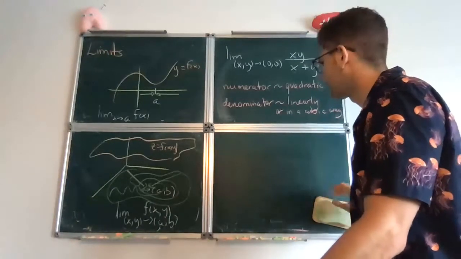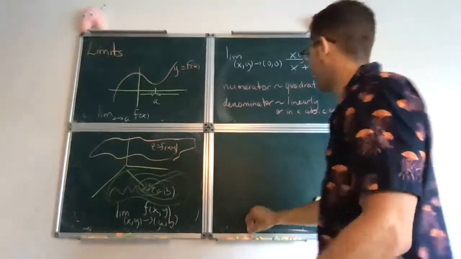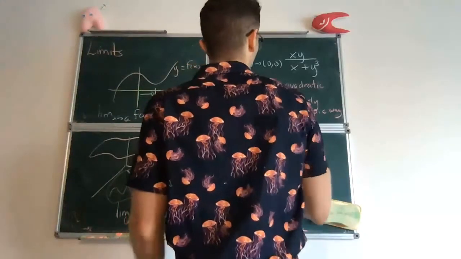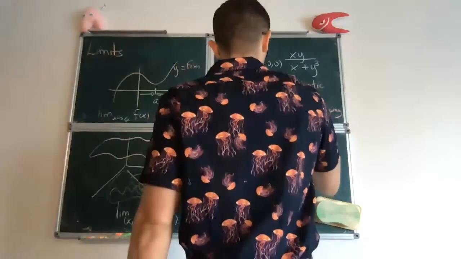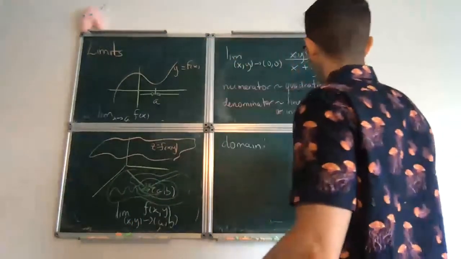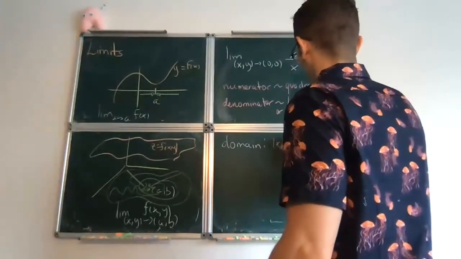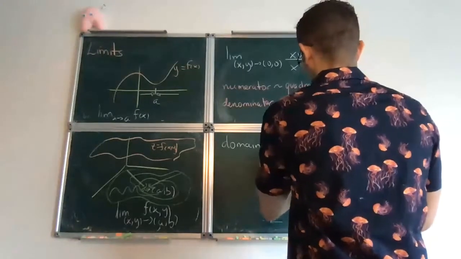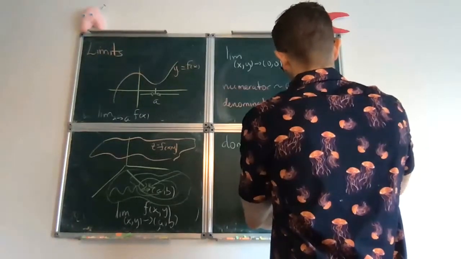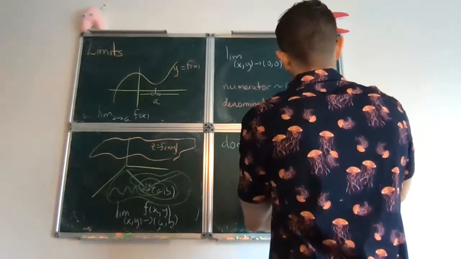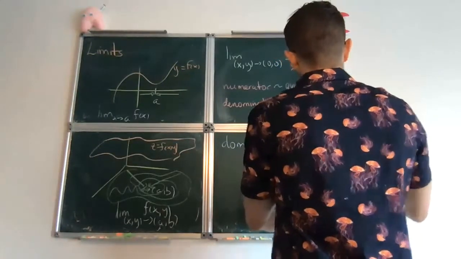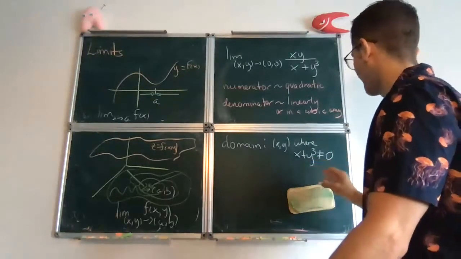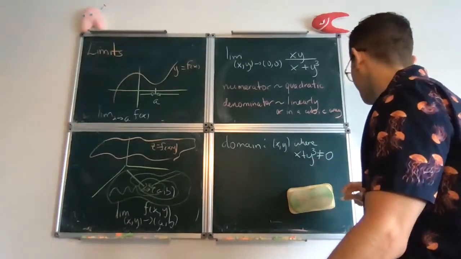Notice in particular the domain of this function. It's all the points x, y where x cubed plus y is not 0.